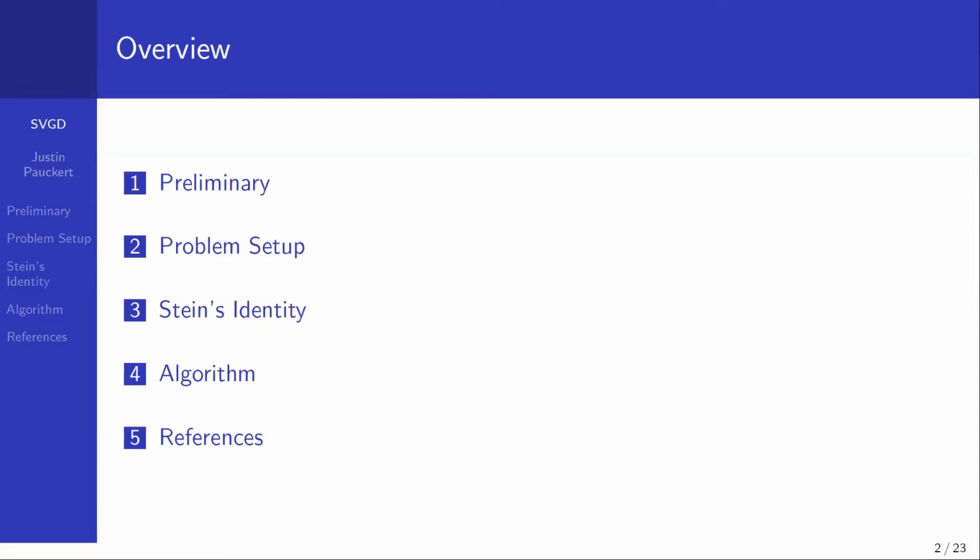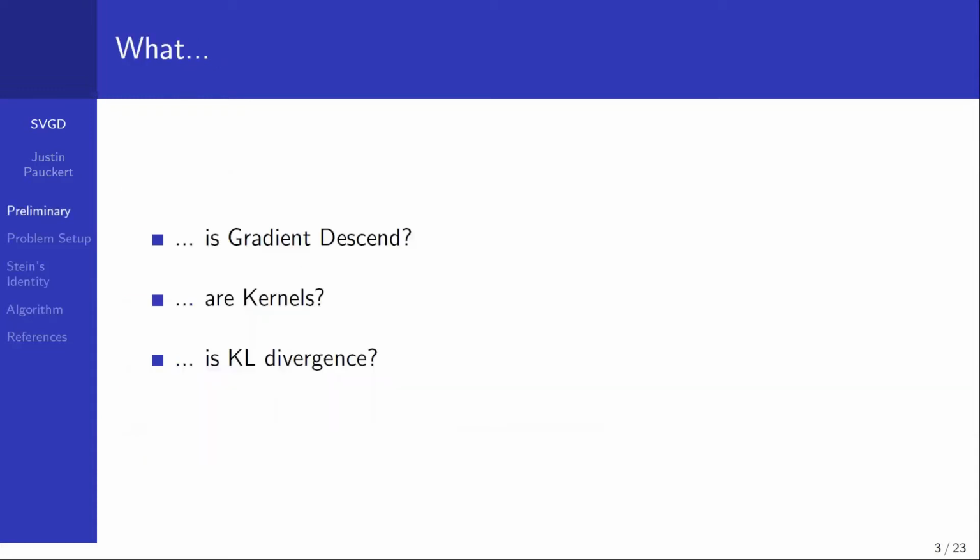The main theorem is called Stein's identity, and after we have that covered and have an idea of why that theorem would give rise to an algorithm, then we can actually talk about the algorithm, also see some examples, see some animations, and conclude whether or not it's good. All right, let's get started.